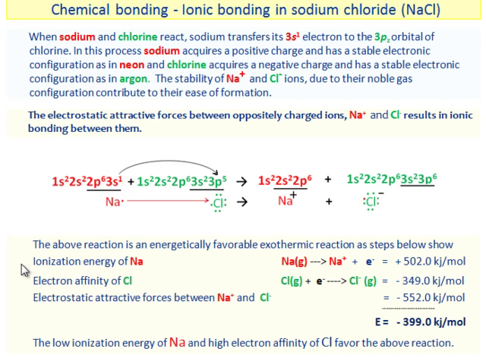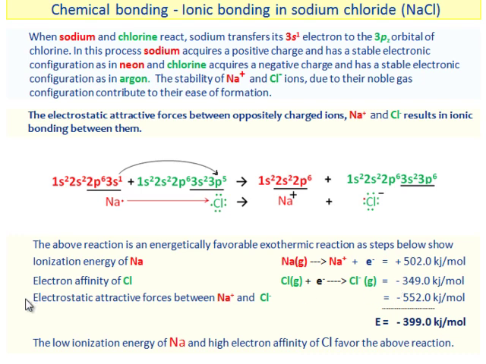Ionization energy of sodium is equal to plus 502.0 kilojoules per mole. Electron affinity of chlorine is equal to negative 349.0 kilojoules per mole.